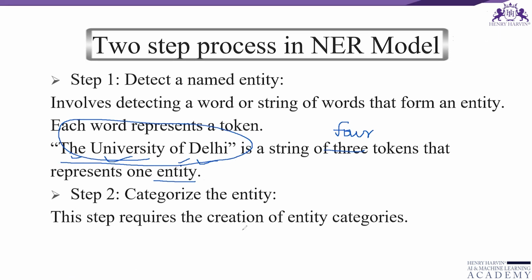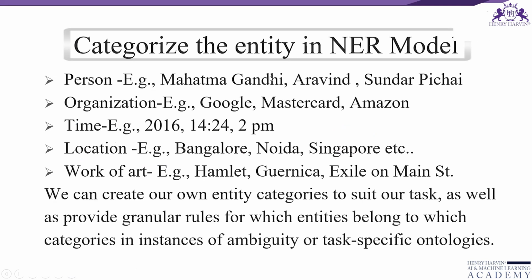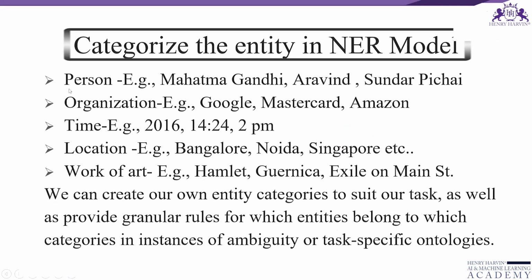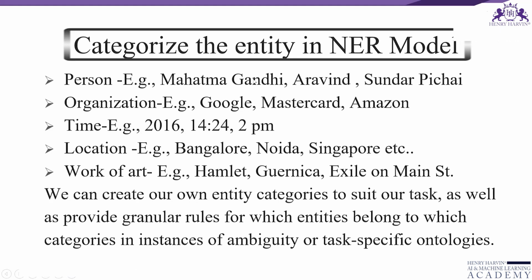This step requires the creation of entity categories. So let us see what it is. How do we categorize the entity in an NER model? It could be person, organization, time, location, or work of art. When we say person, for example, Mahatma Gandhi, it could be a name.